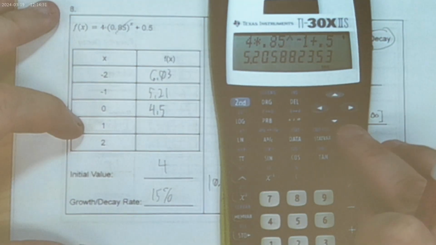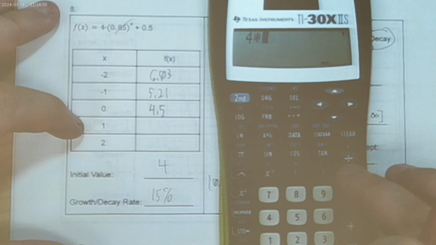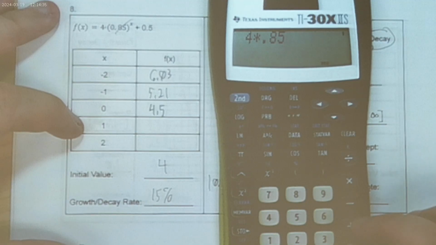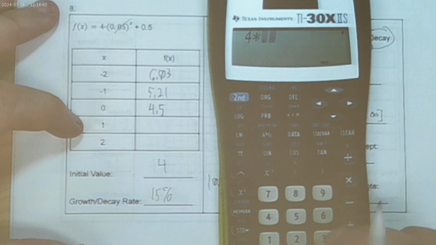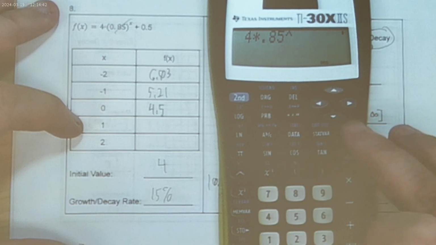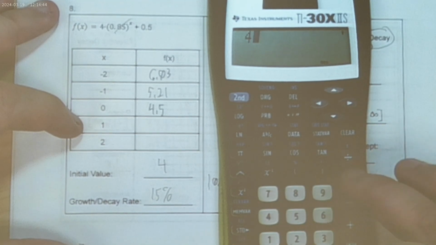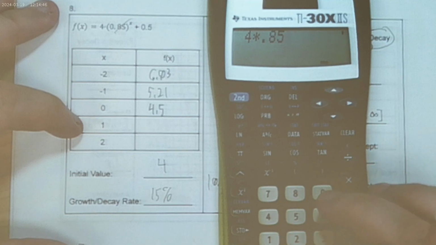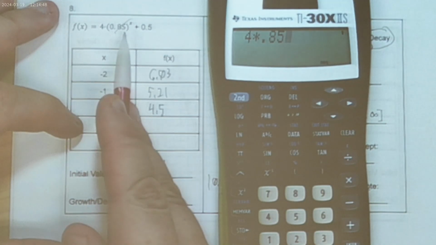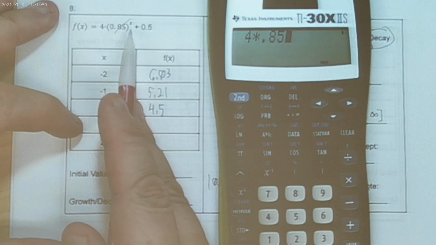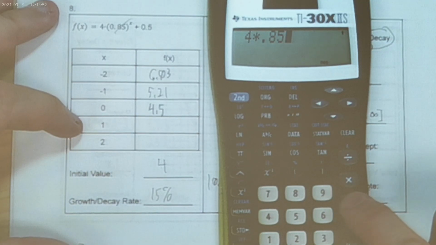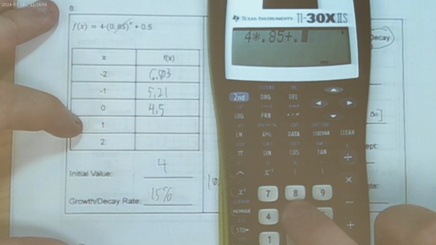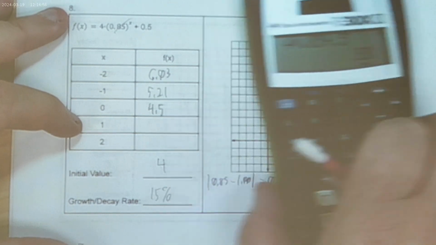So bring the calculator back. I've got 4 times 0.85 raised to the x power. If x equals 1, it just equals 0.85. So I was right in the first place. I just didn't trust where I was going.